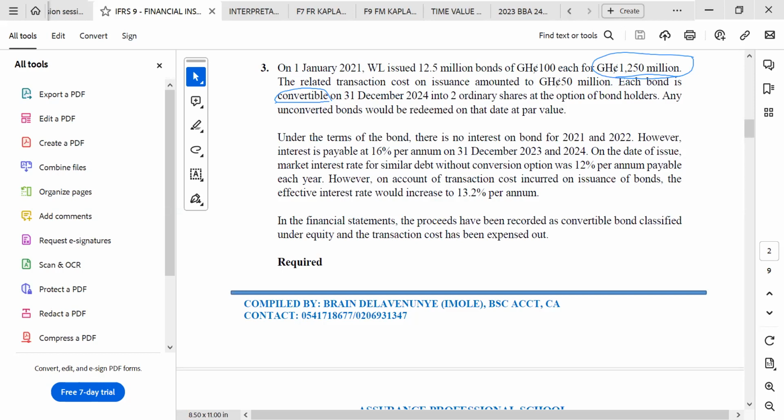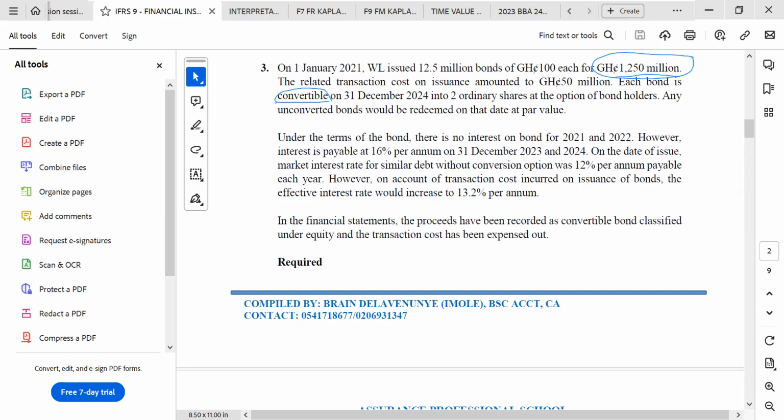On the date of issue, the market interest rate for similar debt without conversion option was 12% per annum, payable each year. So the conversion will be done at the end of the reporting period or after the maturity period. From the date of issuance to the maturity date, there won't be any conversion.